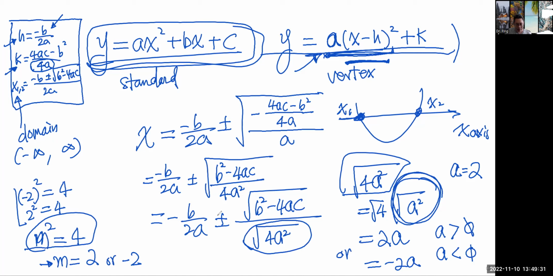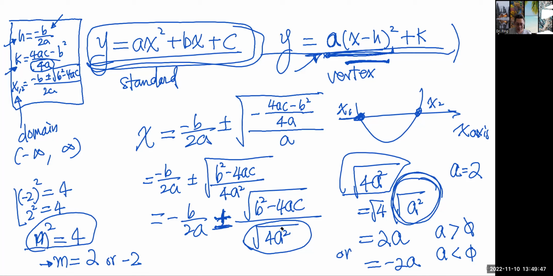But notice we have plus or minus already, so we're going to say one plus, one minus. If this is a plus, plus times negative is negative, and negative times negative is positive.